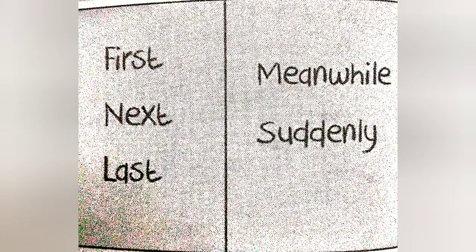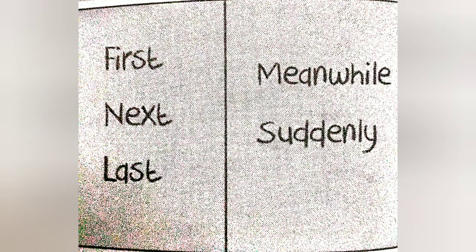If the story did not have order words, it would be harder to know when one event ended and the next began. It would also be harder for us to remember what happened first, next, and last in the story after we have read it.